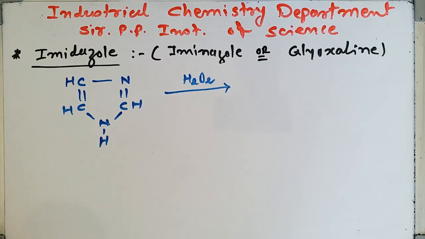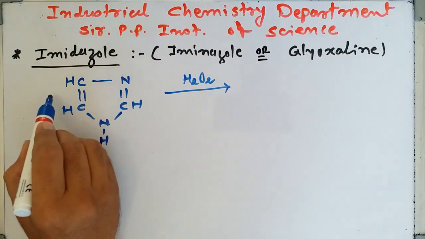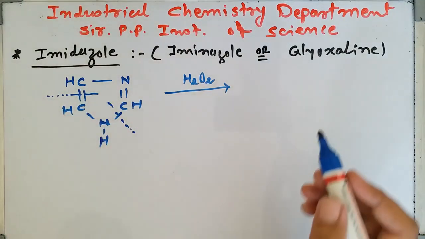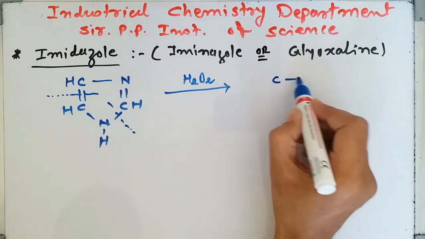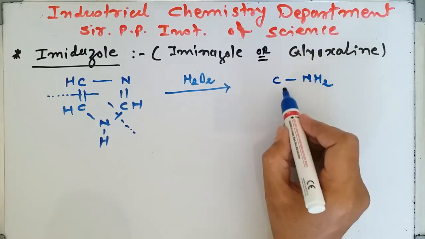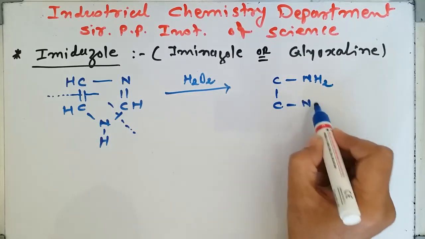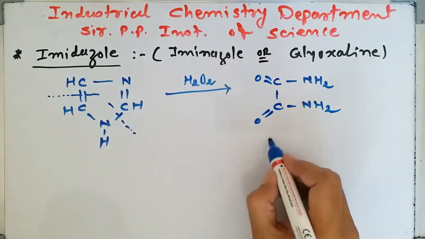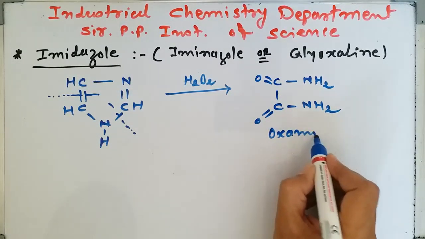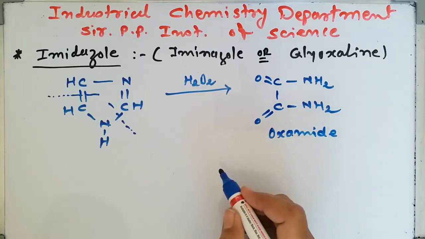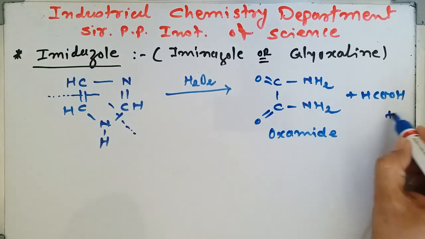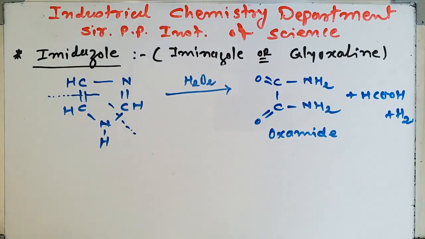When the ring opens, it breaks here and we get oxamide, and also we get formic acid and hydrogen.